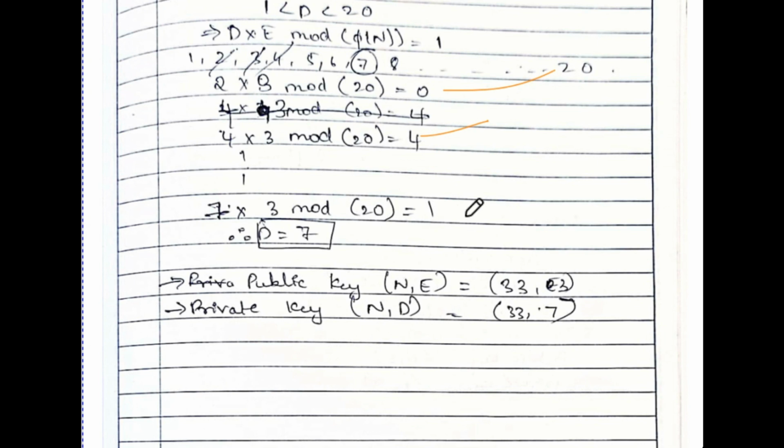So 7 star 3 mod 20 is equal to 1. D is equal to 7. So the public key n comma E is 33 comma 3, and the private key is 33 comma 7.